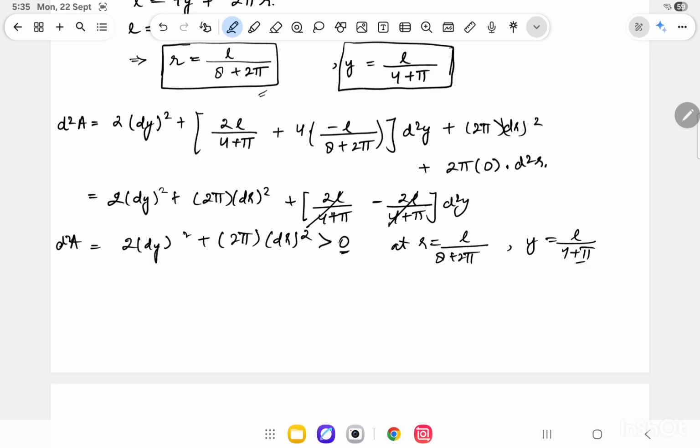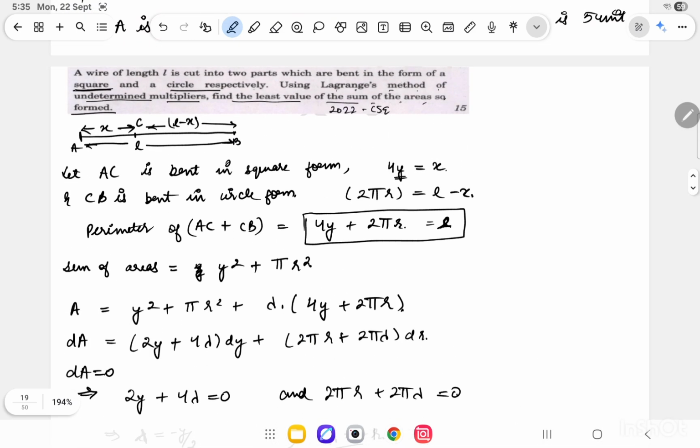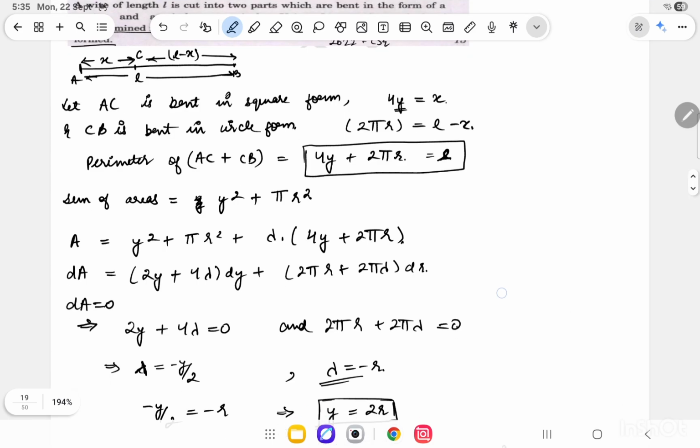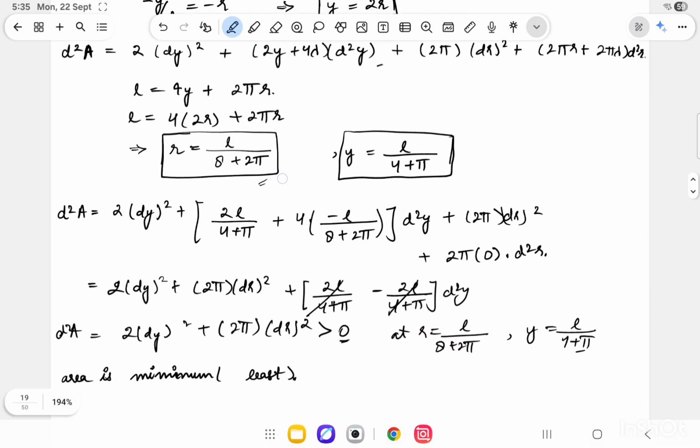So for these values of y and r, the area is minimum, or least, and that's what we're supposed to show in finding the least value of the sum of areas. We are also supposed to find the value of the sum of areas. So let's do that.